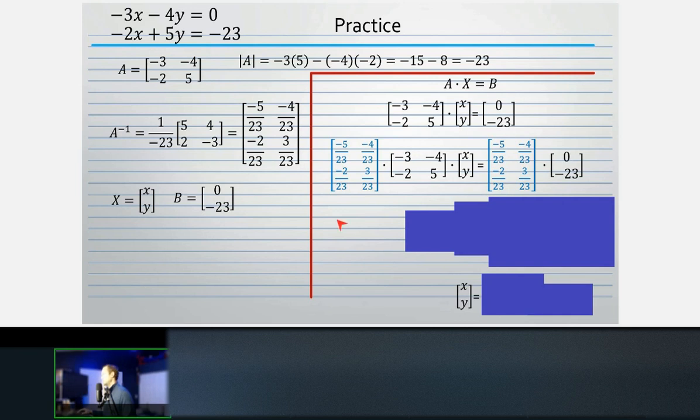So here's a question for you. When I multiply this matrix by this matrix, do I need to show any work, or can I go right to what the answer is? And if so, what is the answer?